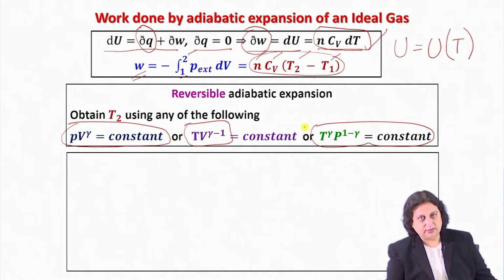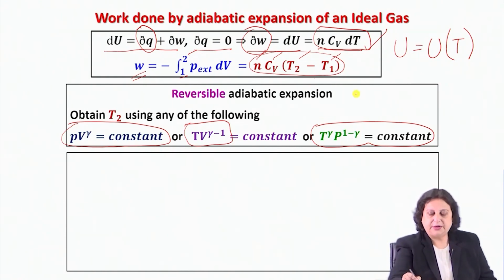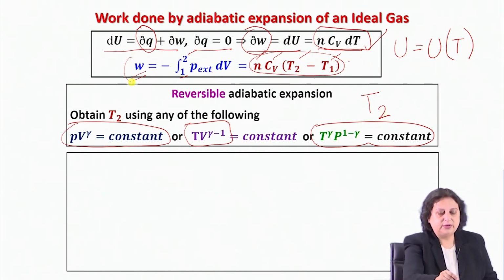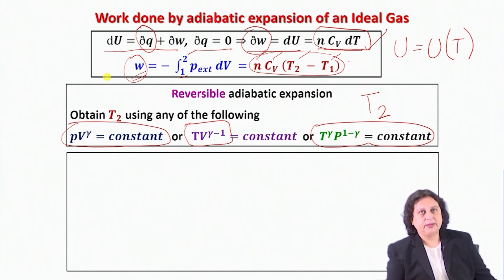So depending on the information available to you, you can find out the final temperature T2. And then you can put it back in this expression and find out the magnitude of W.